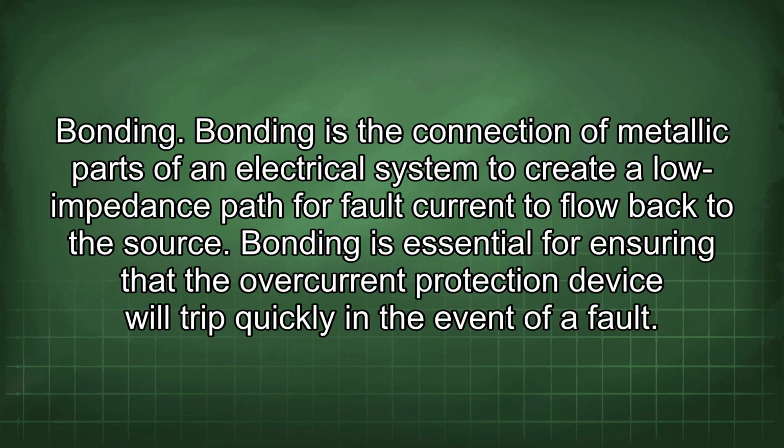Bonding. Bonding is the connection of metallic parts of an electrical system to create a low impedance path for fault current to flow back to the source. Bonding is essential for ensuring that the overcurrent protection device will trip quickly in the event of a fault.